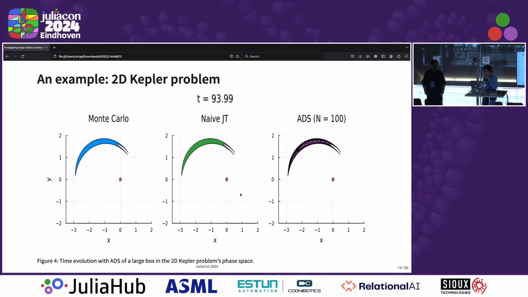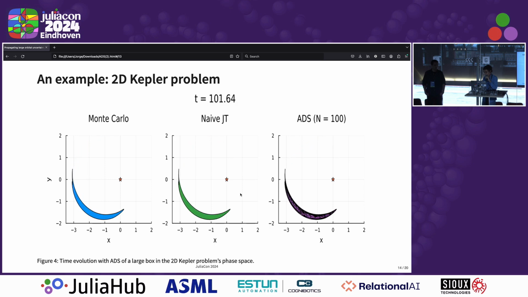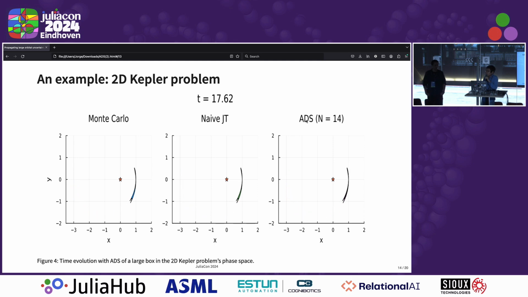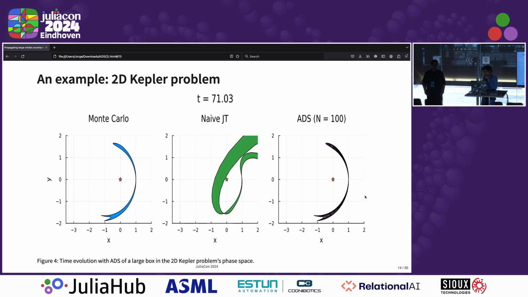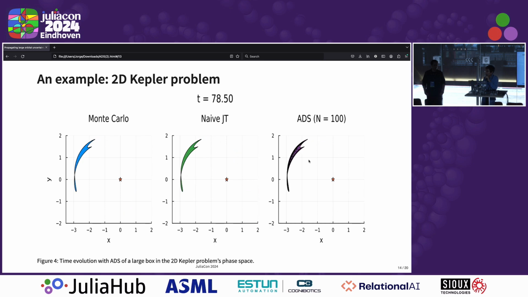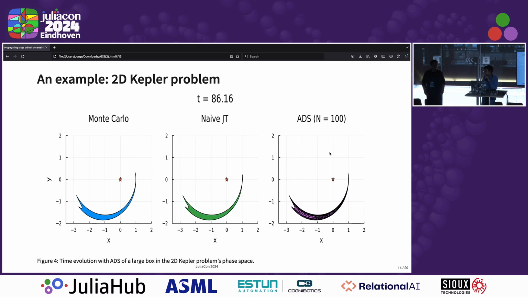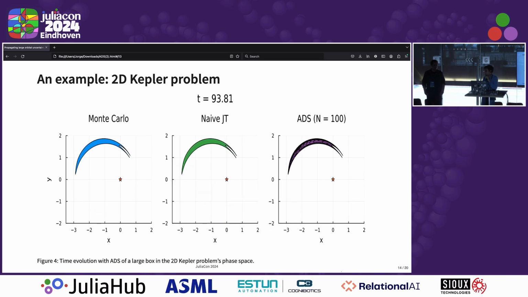integration. Now, ADS is quite sensitive to the coordinates that we use to parameterize the perturbations, and that's because the direction of largest uncertainty does not necessarily align with the coordinates that we use. So in this case, the largest uncertainty is along the orbit, and in general, that's not parallel to either x or y.